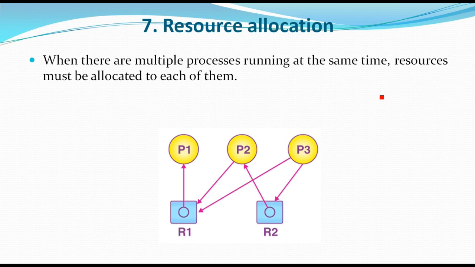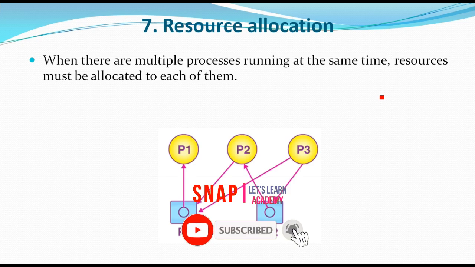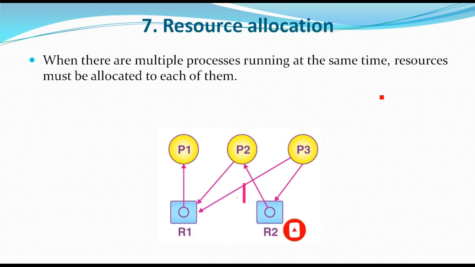This operating system function exists not for helping the user but for ensuring the efficient operation of the computer itself. So resource allocation is for the system, not for the user. Now let us understand what this resource allocation is and how it works.